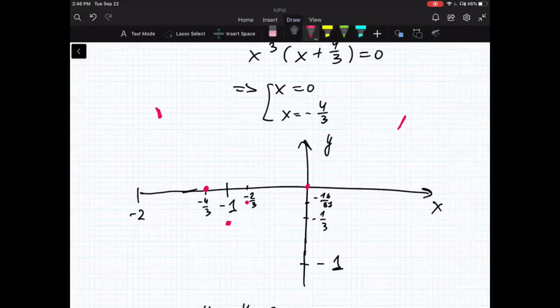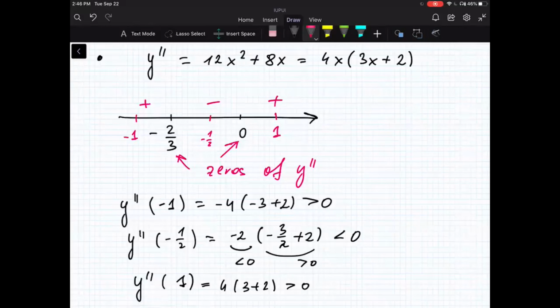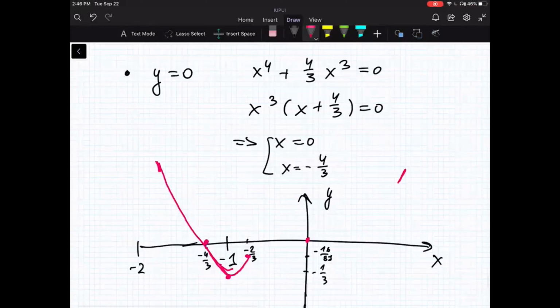So that means that I can connect it like that. Then at point -2/3, my concavity changes. You see that it becomes concave down until 0. That means that now I need to connect not like that, but like this.